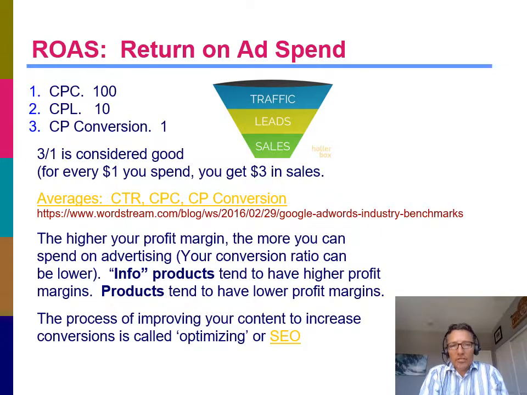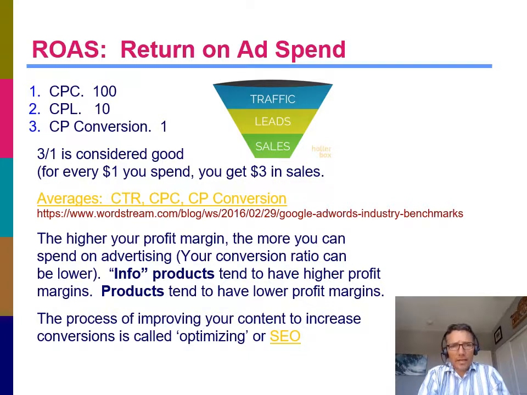So then we get to the final piece, which is what we're in this whole game for, the conversion, which is really a term for a sale, cost per sale. So let's assume that we had 100 clicks, we got 10 leads, and then we had one sale. So in this case, our cost per conversion, meaning our cost per sale, was $100. We spent $100 and we got one sale. So our cost per sale was $100.